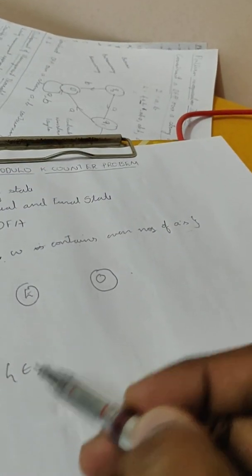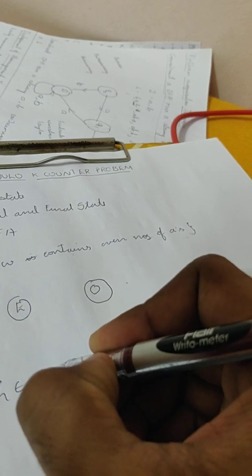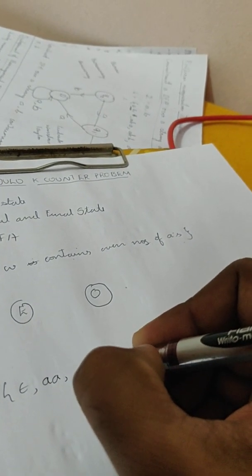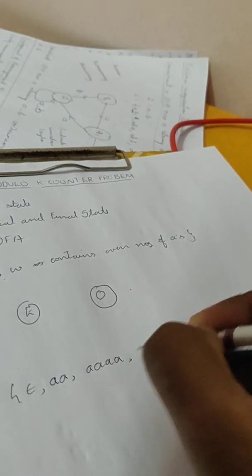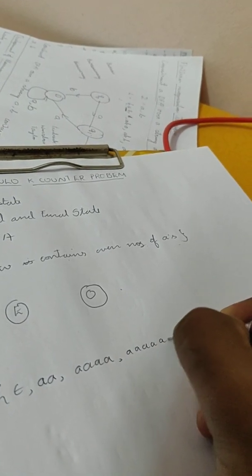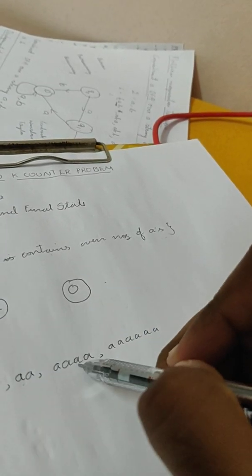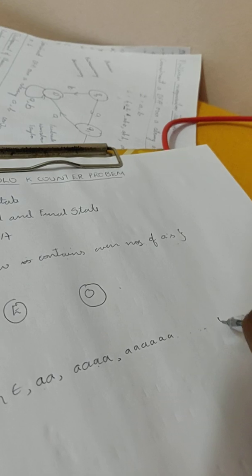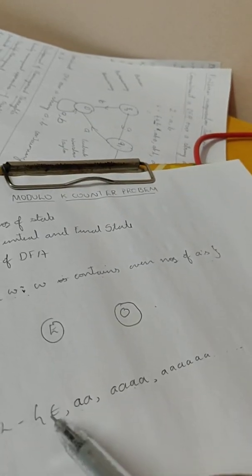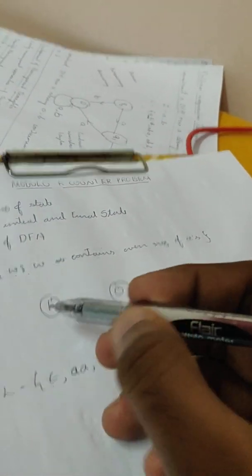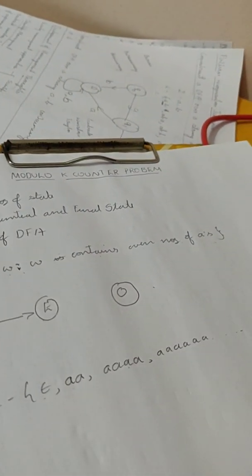So I write here epsilon, and I write AA, here is 2, 4, 6 and so on. Initially it contains 0 number of A's. So initial state will be even. 0 means an even number. So this is the initial state. We put an arrow mark to the E.